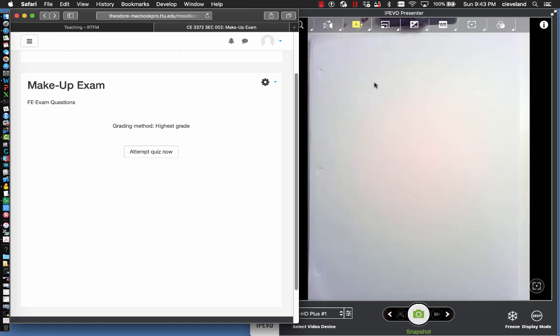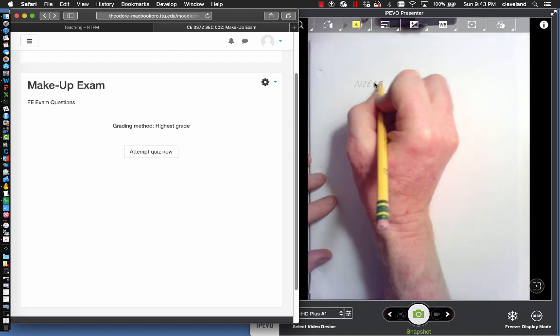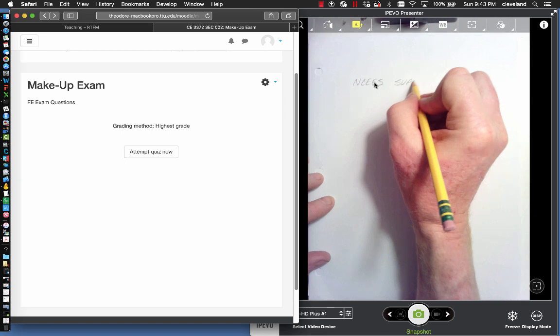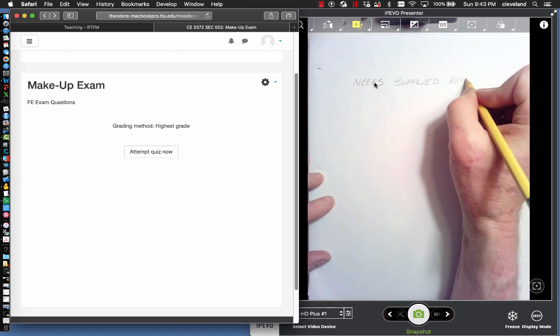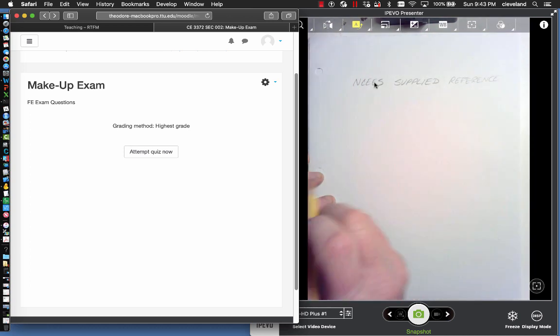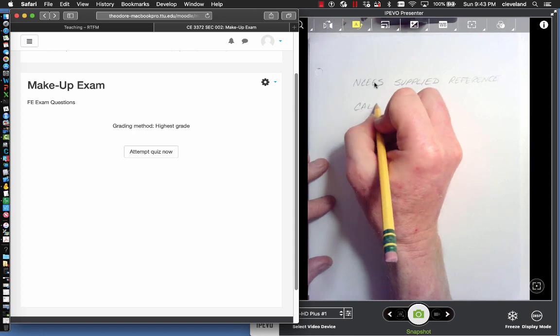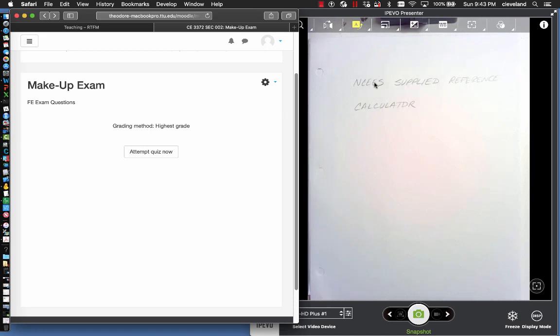A couple of prerequisites that are important are the NCEES supplied reference, which I'll show you in a second, my copy, and you'll need a calculator. I was originally tempted to pull up an Excel spreadsheet and use that as a calculator, but I have a feeling that that's not permitted, so I'll do it a sort of old-fashioned way.